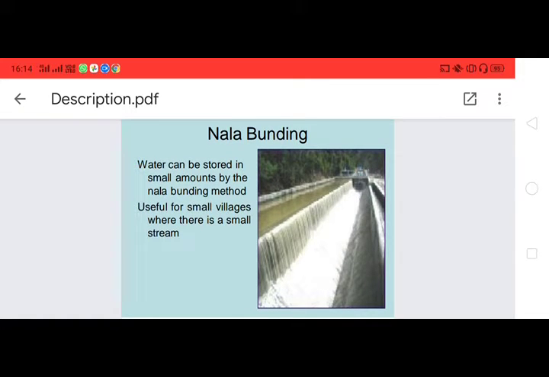This type of Nala bunding is also created to disturb as well as store the water.